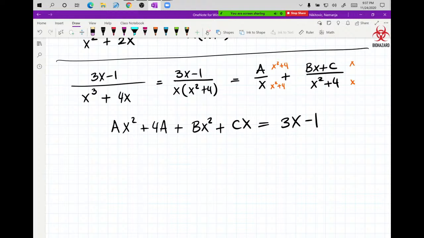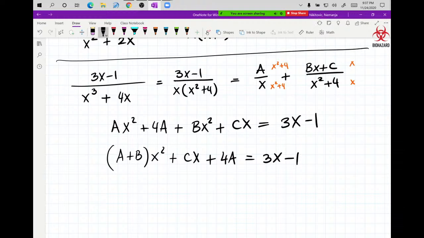And from here, you solve your equations. So you get (A + B) x squared plus Cx plus 4A equals 3x minus 1. A plus B is 0, because on this side there is no x squared term. I mean, you can put 0 if you want to. So now you see that A + B corresponds to a 0.